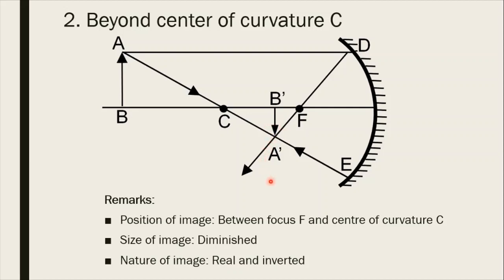Now let us look at the characteristics of this image. The position of the image thus formed is between the focus F and the center of curvature C of the mirror. We clearly see that the size of the image is diminished and the nature of the image is real and inverted. Had this image been upright or erect, we'd have called it otherwise.